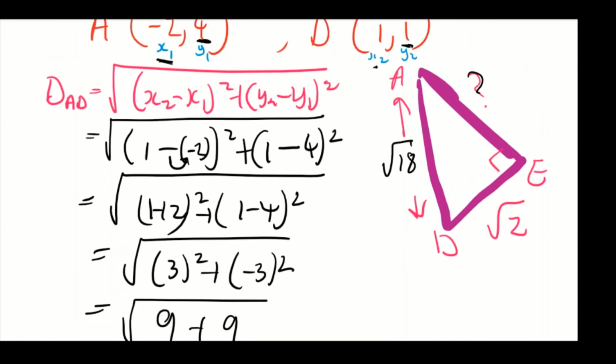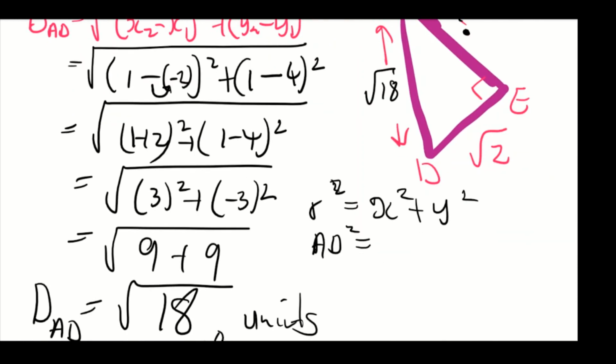So now we just calculated the distance here, which is root of 18 units. So now we want to find this distance here of AE. So we're just simply going to use Pythagoras theorem, r squared equals to x squared plus y squared, of which our r squared is equals to AD squared, equals to, and then our x, we're going to take the DE squared plus our AE squared, which is what we're looking for.